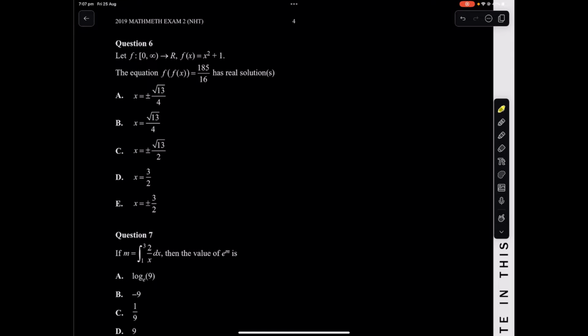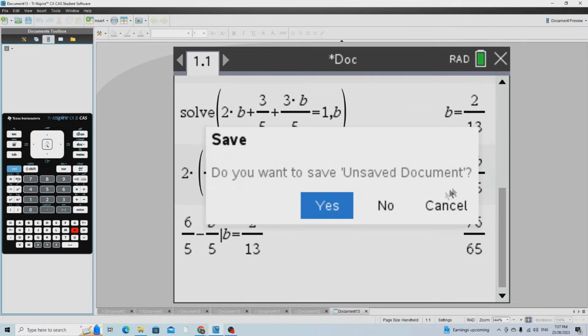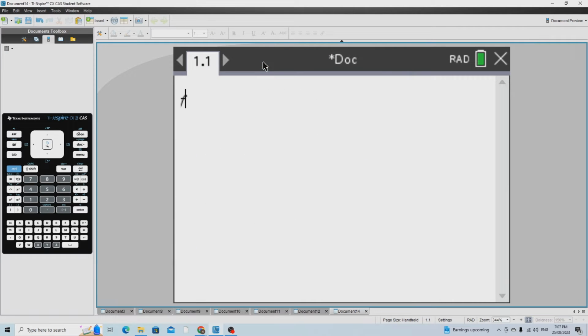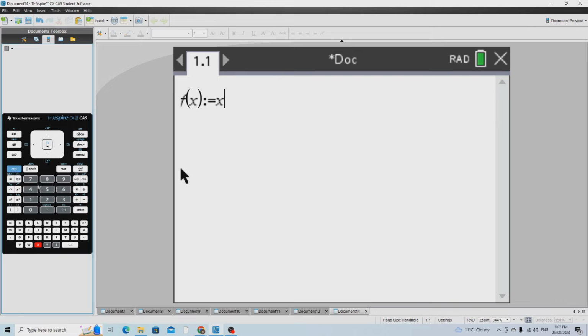The equation f of this is this. Has real solutions to what? Okay. So just let me go into CAS and write Control N. And let's define the function. So f of x is x squared plus 1. And we know that the domain is from 0 to infinity. That's important.